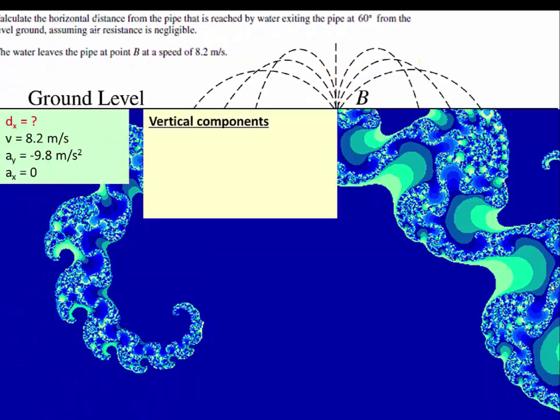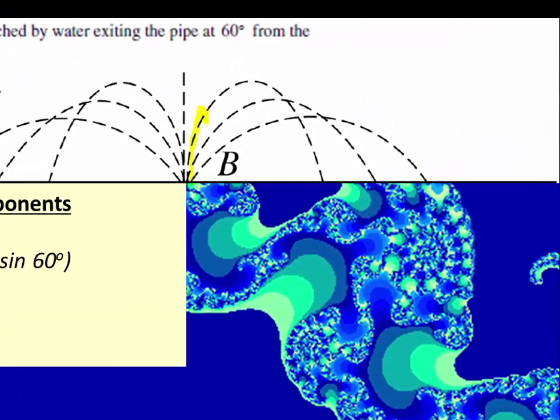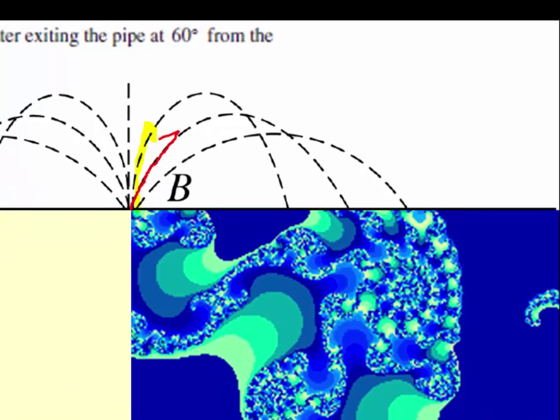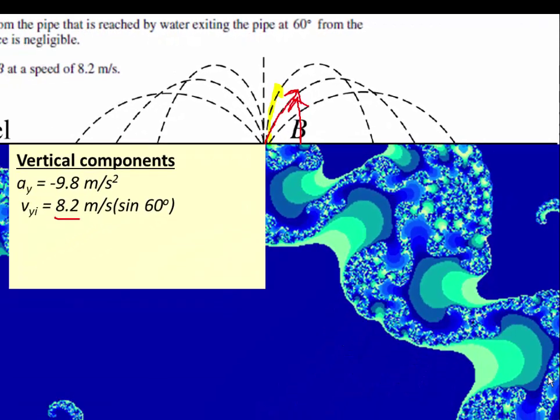We're just going to look at the vertical components. Again, the acceleration in the y direction is negative 9.8. The velocity is 8.2, but we just want the y component. The y component of the velocity is 8.2 meters per second times the sine of 60 degrees.